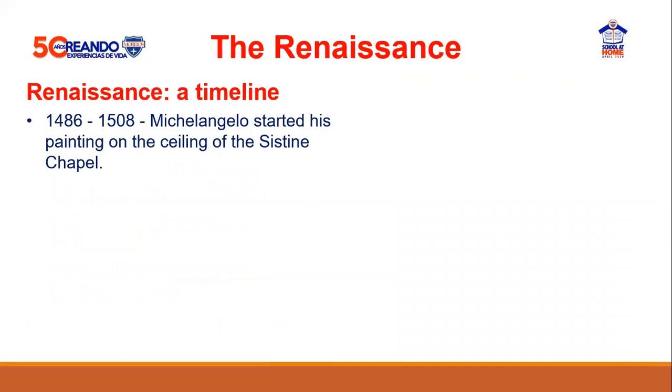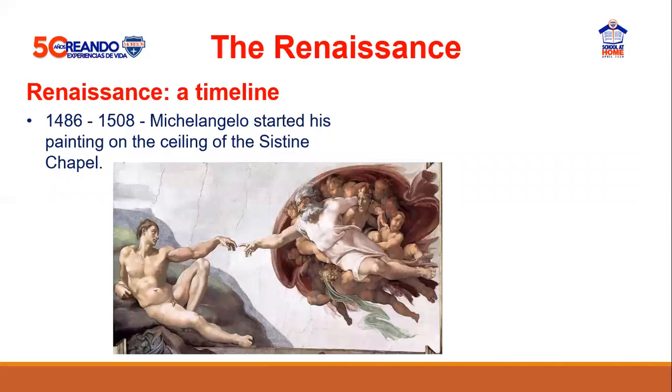Now, in the year 1486, between the year 1486 and 1508, Michelangelo started his painting of the ceiling of the Sistine Chapel in the Vatican. And we have already mentioned how beautiful this work is.